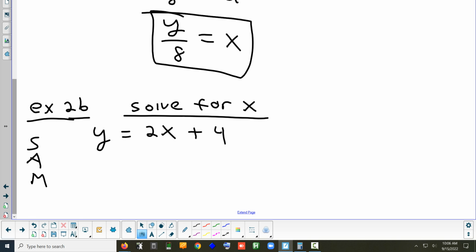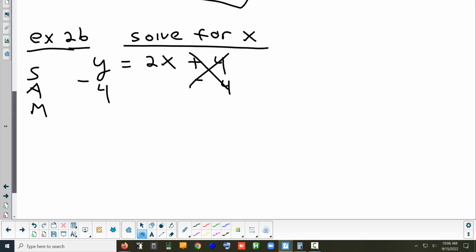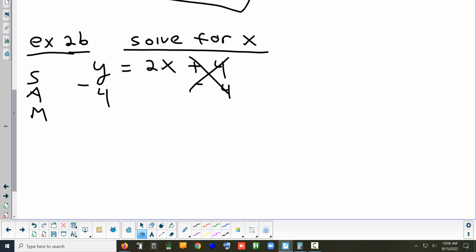Michael? Subtract 4 from both sides. Yes. We're going to subtract 4 from both sides. Just like that. And Michael, what's positive 4 minus 4? 0. That's gone.